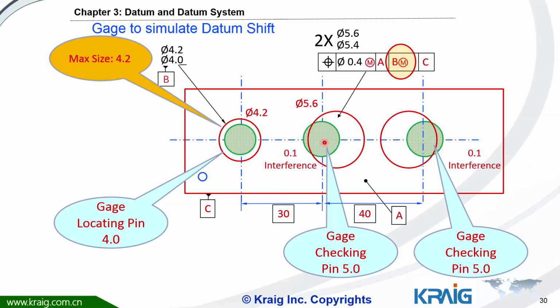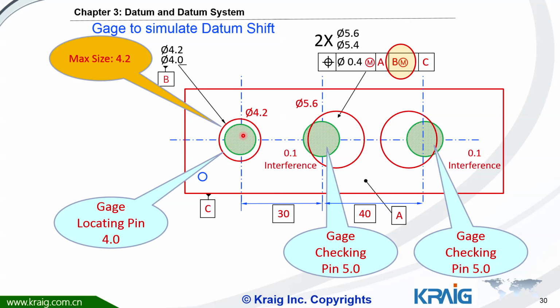When we use the gauge to check the position, we should always measure the actual size first. If the actual size is out of tolerance, then you are not allowed to use this gauge. So we have the gauge to check the position tolerance if there's a BM.